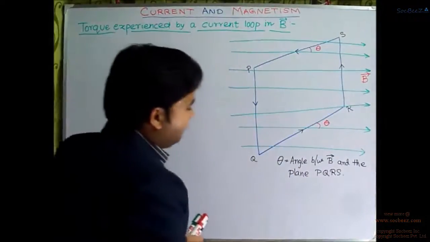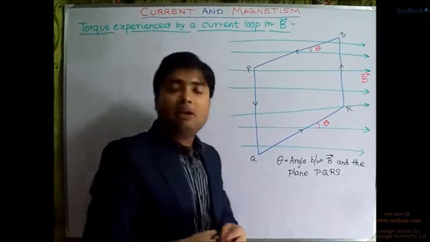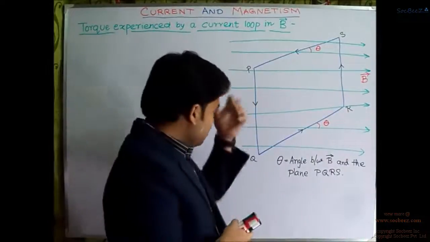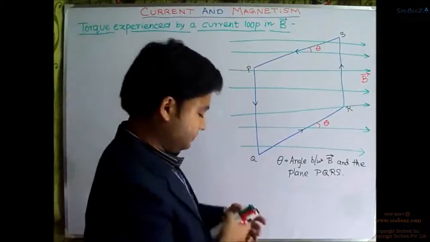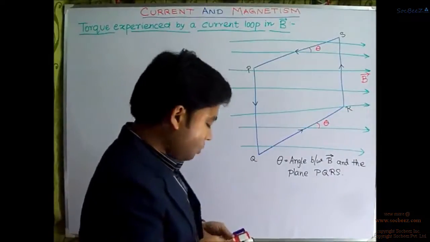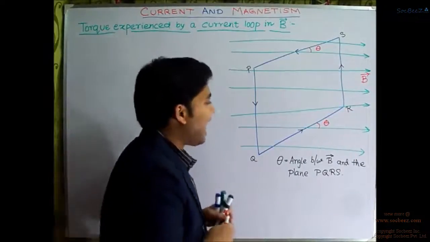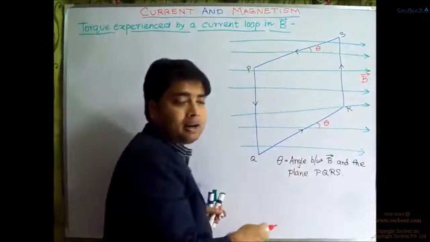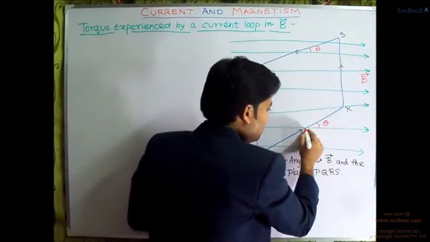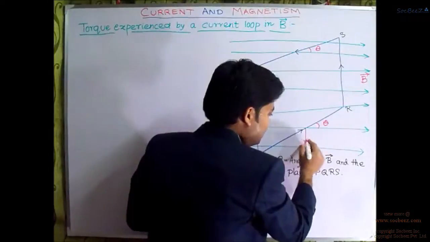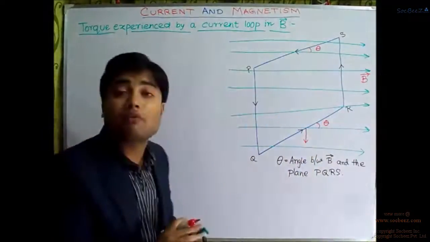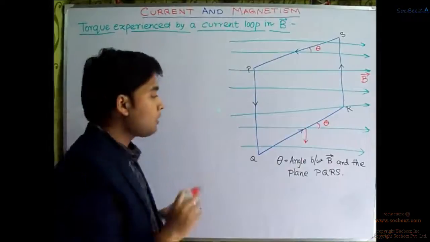Over here, if we observe and apply Fleming's left-hand rule, we can observe that a force is going to act on QR in this direction. This will be the direction of the force, right?